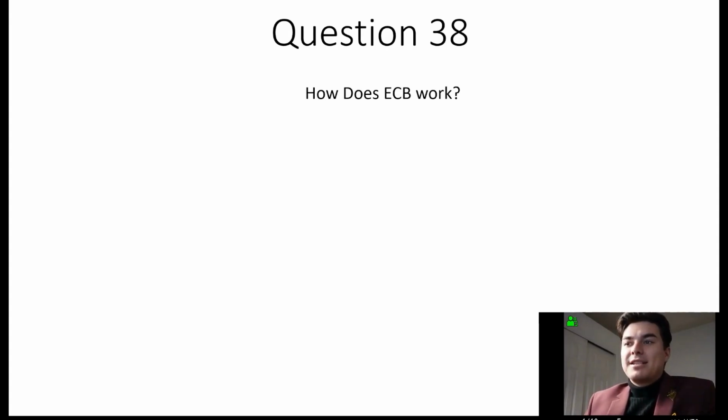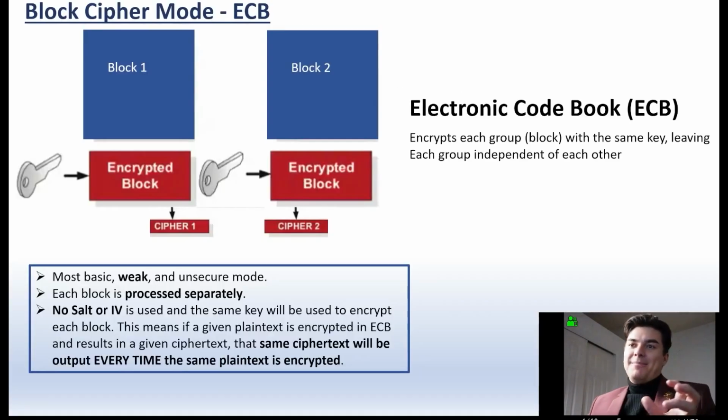38. How does the ECB work? This is a pretty complicated mode, block cipher mode, or ciphers in general. Whenever you see these cipher modes, the analogy I like to use is that it's kind of like a math algorithm where you have multiplication, division, addition, subtraction, and it tells the encryption how the data is going to be processed, like the order of operations.